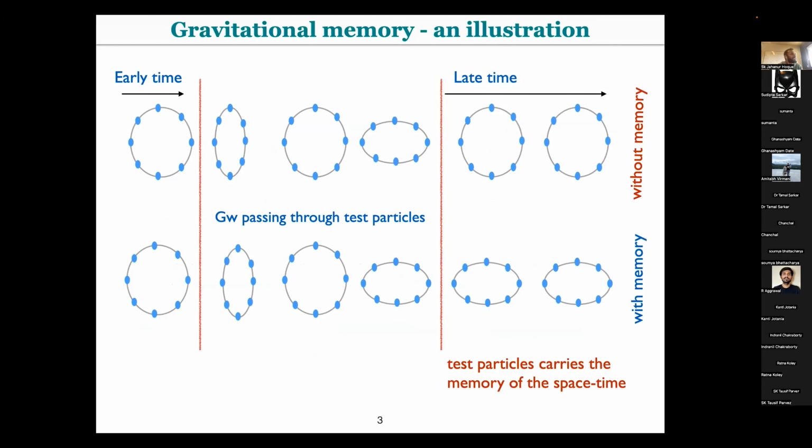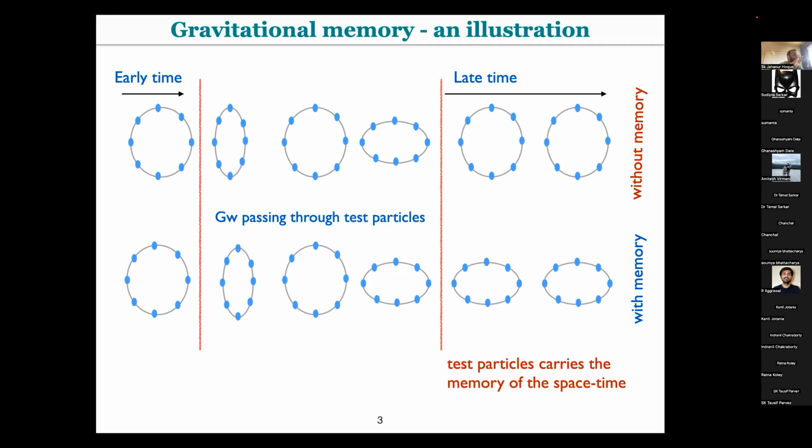Now, this is just a cartoon representation of gravitational memory. If you have heard any talk on memory, you will have come across this slide several times. Let's assume a ring of circular test particles, and the gravitational wave is going perpendicular to it.